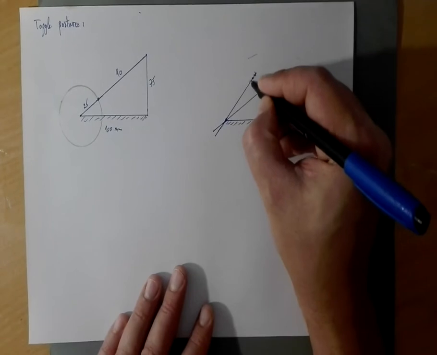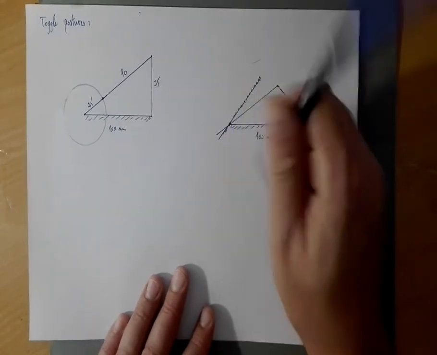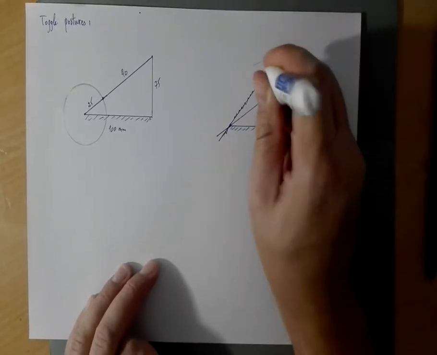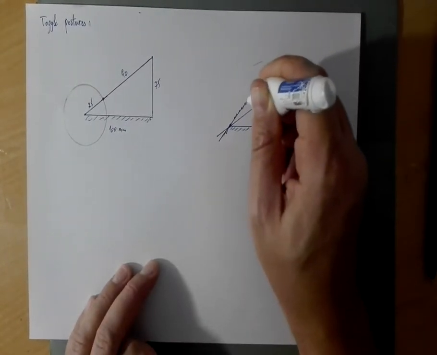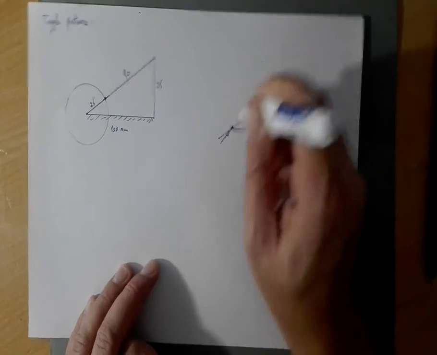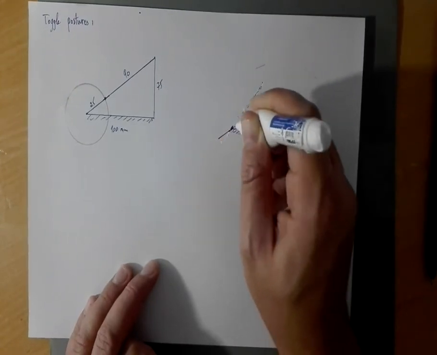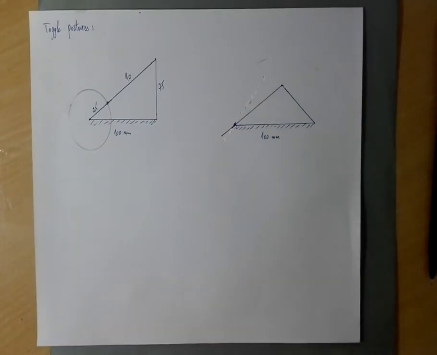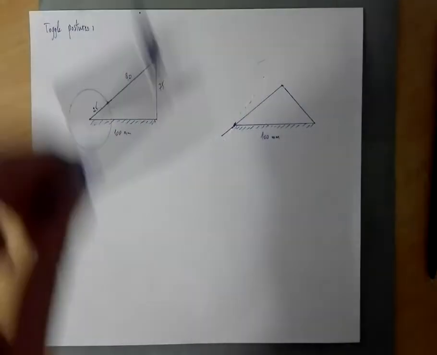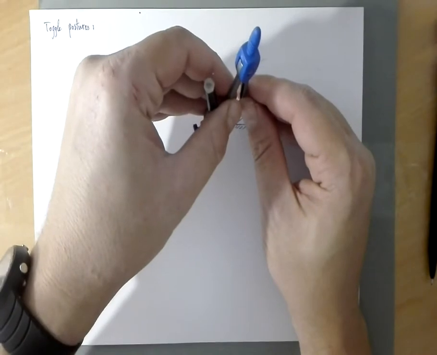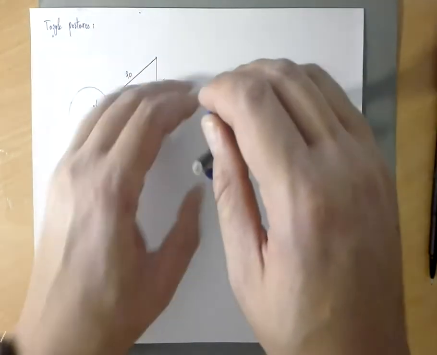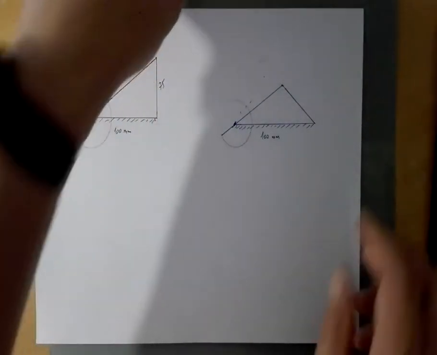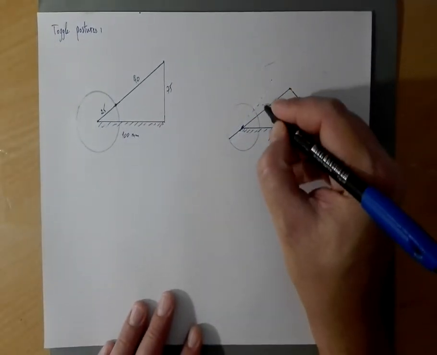So the crank revolves like this, okay, so this is the coupler 90.